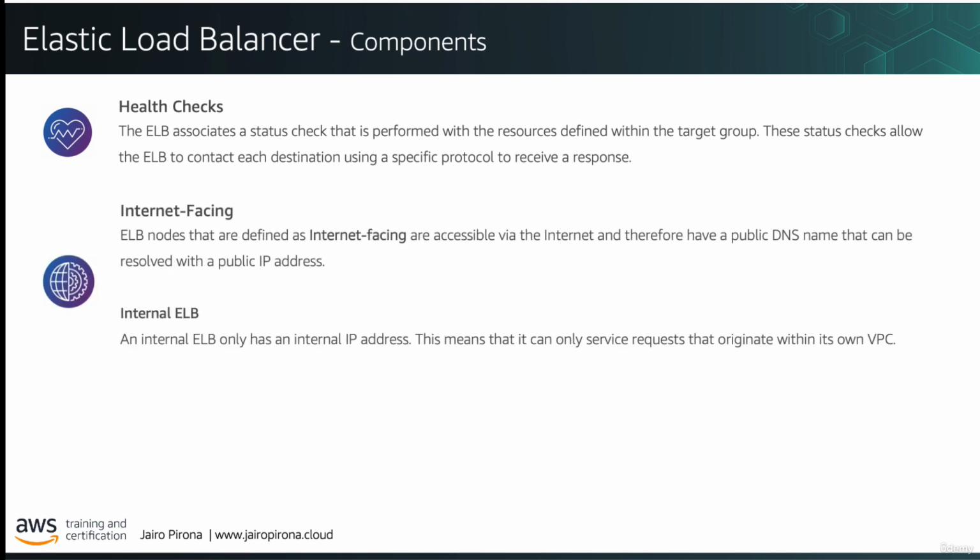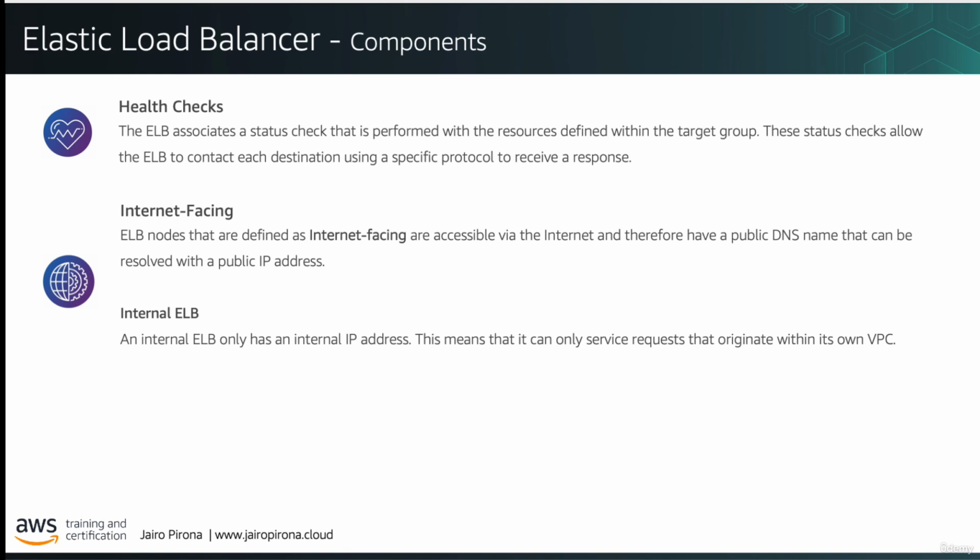Then we have the schema, where we are going to find the internet-facing options and the internal ELB option. With the internet-facing option, as the name implies, the ELB nodes that are defined as internet-facing are accessible through the internet and therefore have a public DNS name that can be resolved with a public IP address.